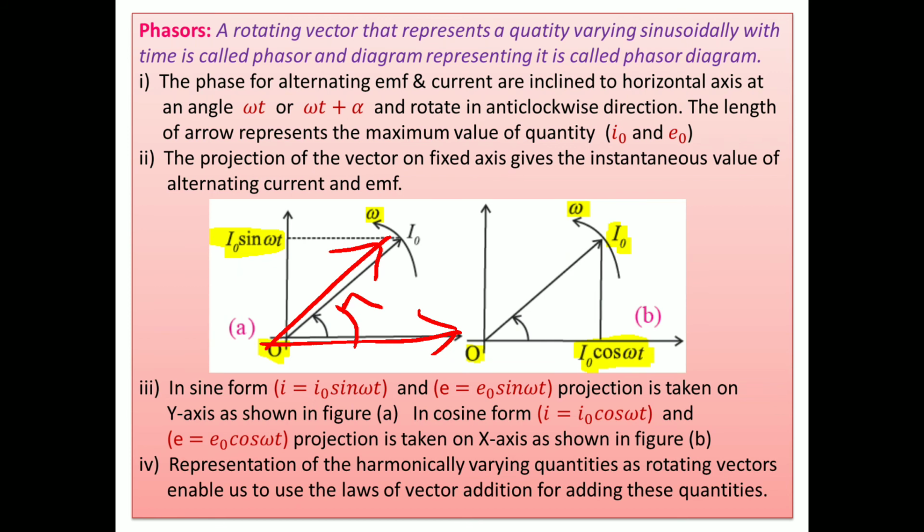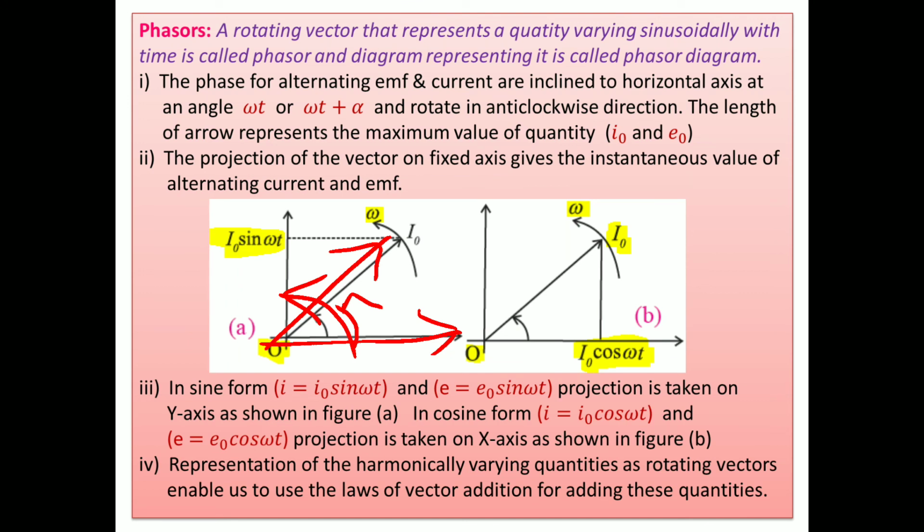Look here, the phasors for alternating EMF or current are inclined to the horizontal axis at an angle omega t and rotate in the anti-clockwise direction. This EMF or current makes an angle omega t or omega t plus alpha with the positive x-axis, simply.